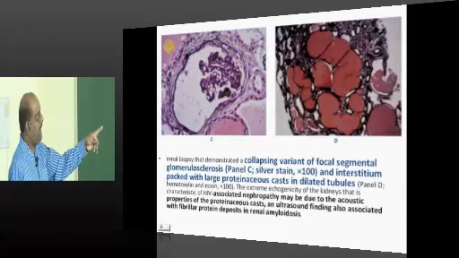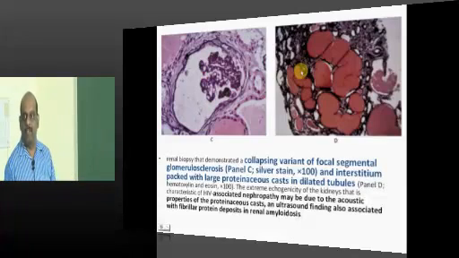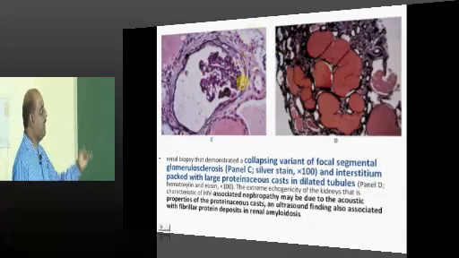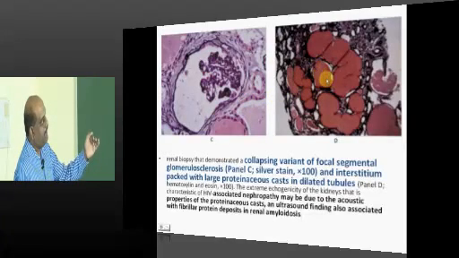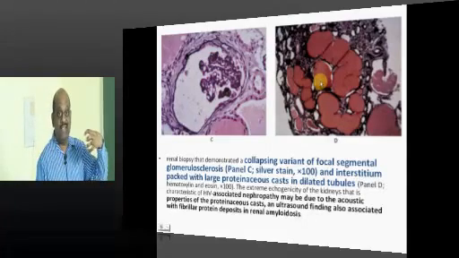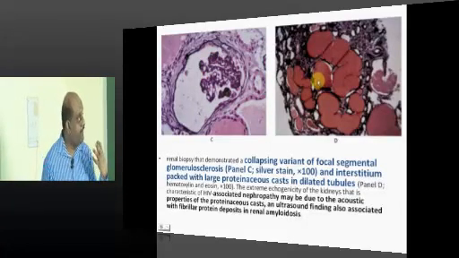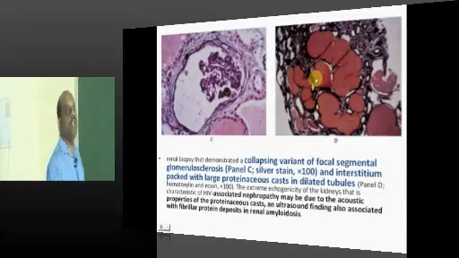You see, the entire glomerulus got pushed to one side and it got collapsed. Collapsing glomerulosclerosis. And if you look at the interstitium, it will all be filled with proteinaceous casts which fill the dilated tubules. That describes the renal biopsy of HIV nephropathy.